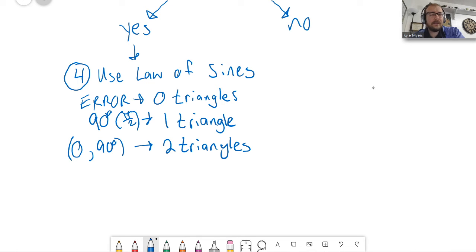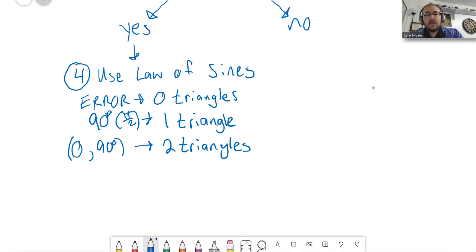I won't go into why in this video, but essentially it has to do with if you have 2 triangles, then you'll have an acute and an obtuse version. So there is an obtuse angle that exists, but the calculator will default to the acute answer, not the obtuse answer, even though there's 2 answers. So you kind of have to get the other one yourself.